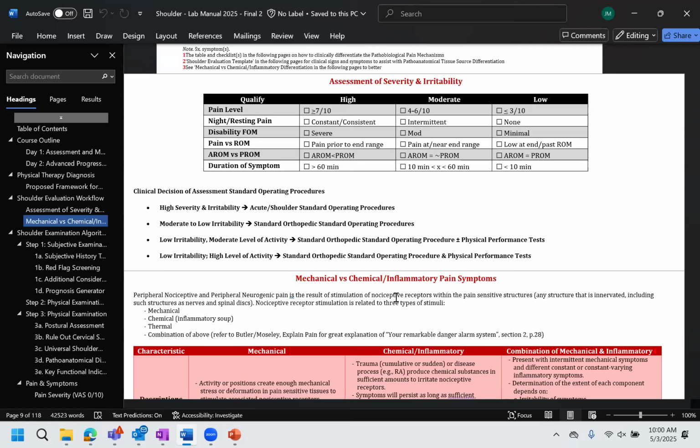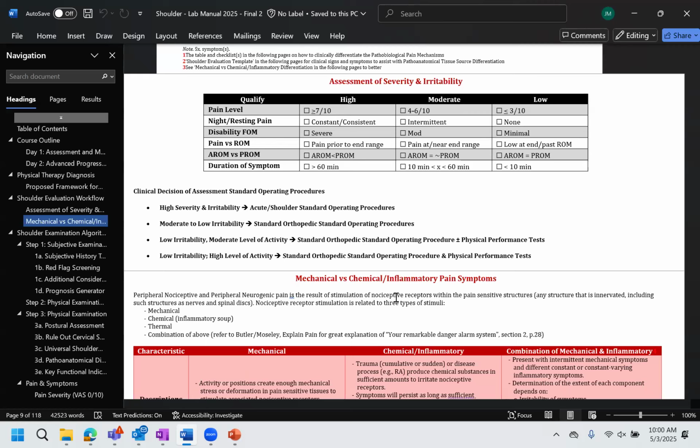And so in the algorithm that I'm running, I have 3 standard operating procedures. I have my acute shoulder assessment. I have my standard orthopedic assessment, which I'll mostly focus on today, because you can always stratify from that into the other, lower level or higher level.